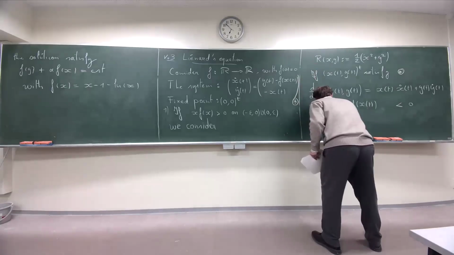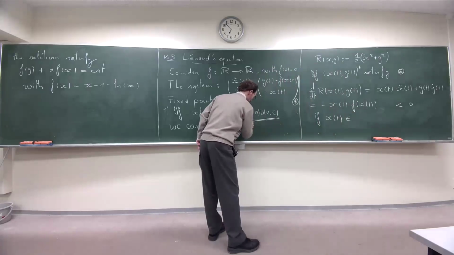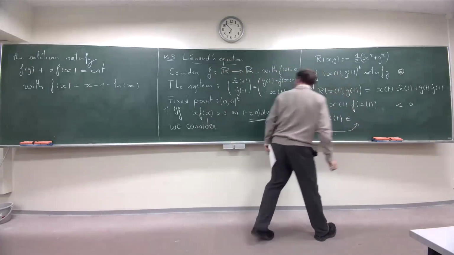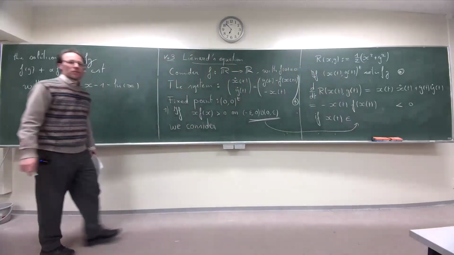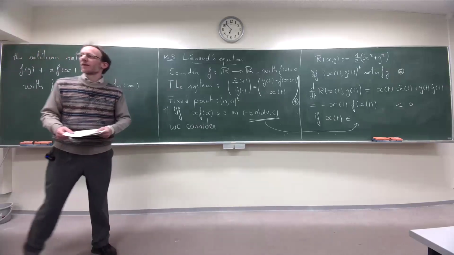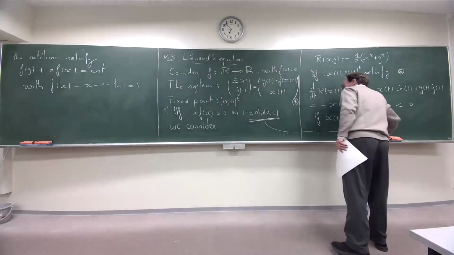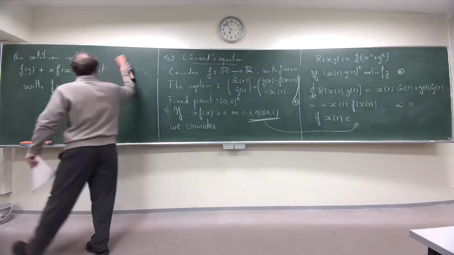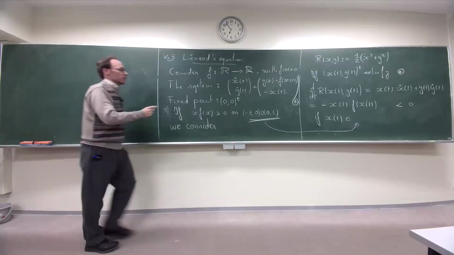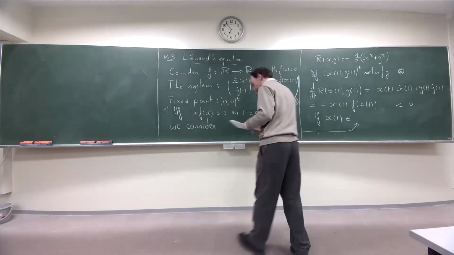if x of t belongs to, again, there is probably a mistake in the notes, this union of two intervals. Yes, there is a minus sign. Just check. And the Lyapunov function, we choose that they are negative. They decay. So it means this is like a Lyapunov function, because the Lyapunov function decays along the evolution. Here the derivative is negative.